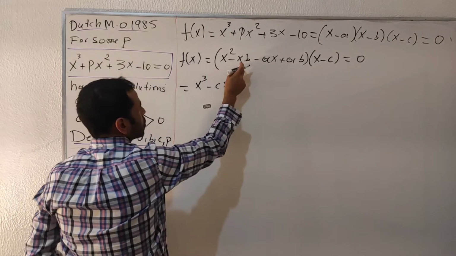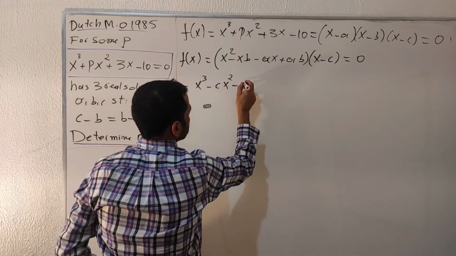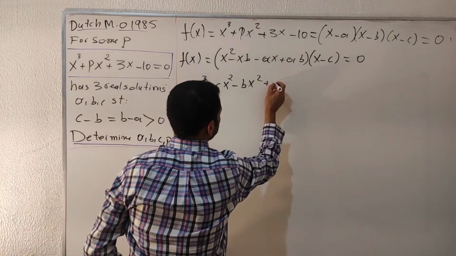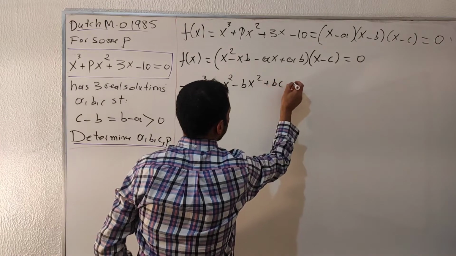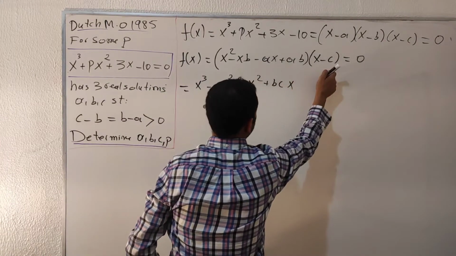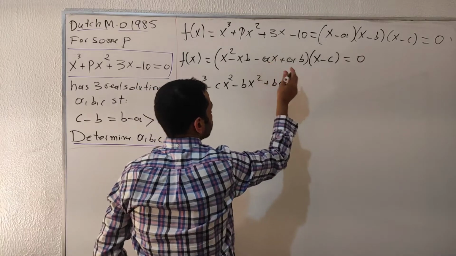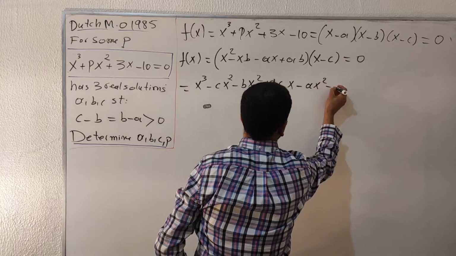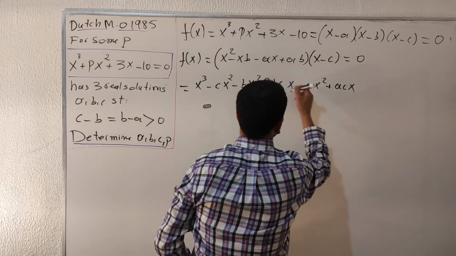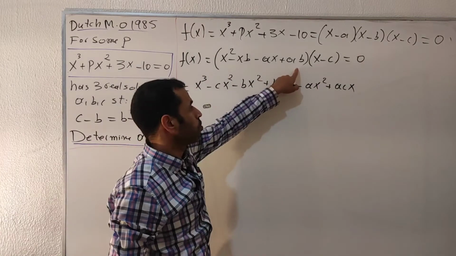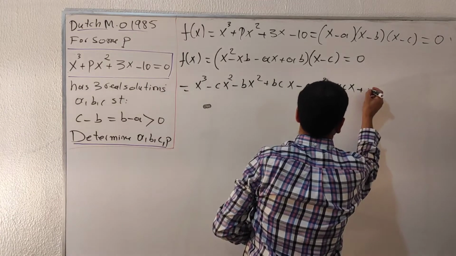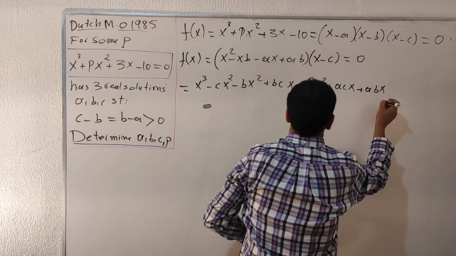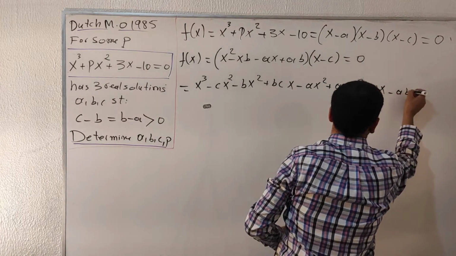Then the second term, minus bx squared plus bcx. Then the third term, minus ax squared plus acx. Then the last term, plus abx minus abc.